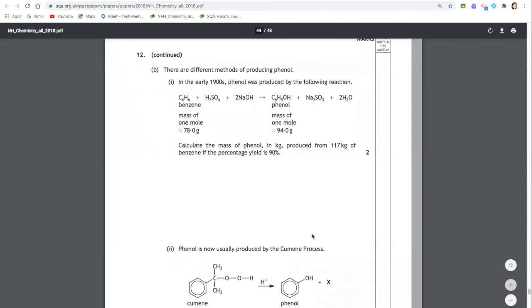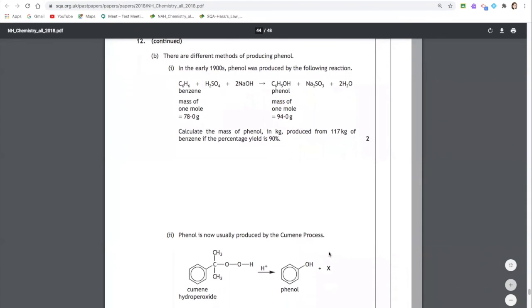So, percentage yield question. Calculate the mass of phenol in kilograms produced from 117 kilograms of benzene. The percentage yield is 90%. So, we work out the theoretical yield first. We'll always have to do that in a percentage yield question, so you can always start there if you forget what else to do.